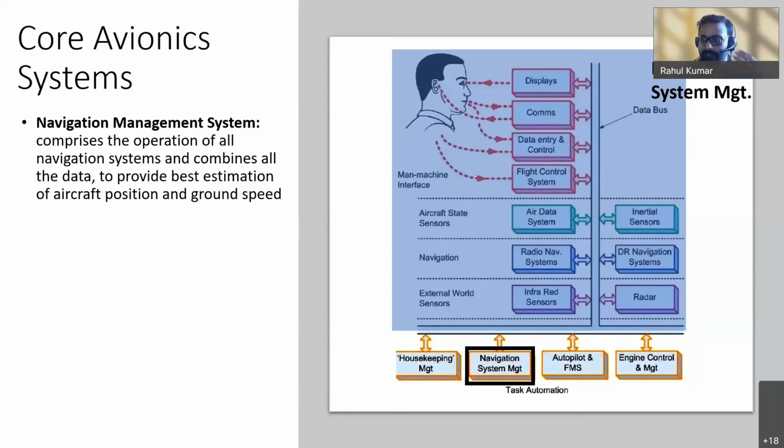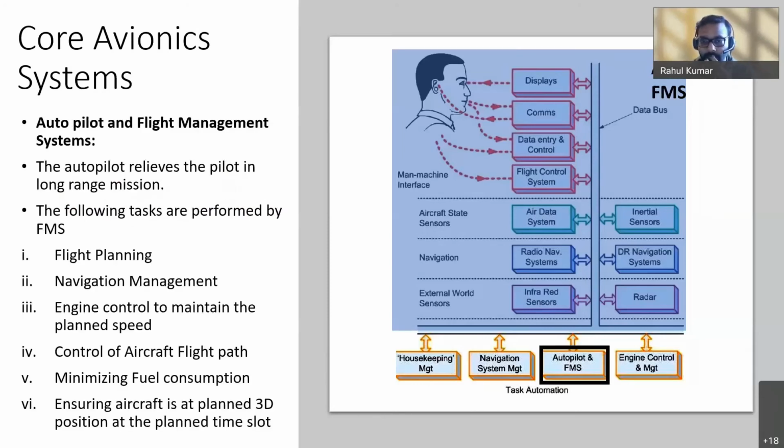Basically it is a computer that processes all the navigation information from the different navigation systems and combines all the data to provide the best estimate of the aircraft position and ground speed. So from different sources it will collect the navigation data, process it, and provide the best estimate of the aircraft position.